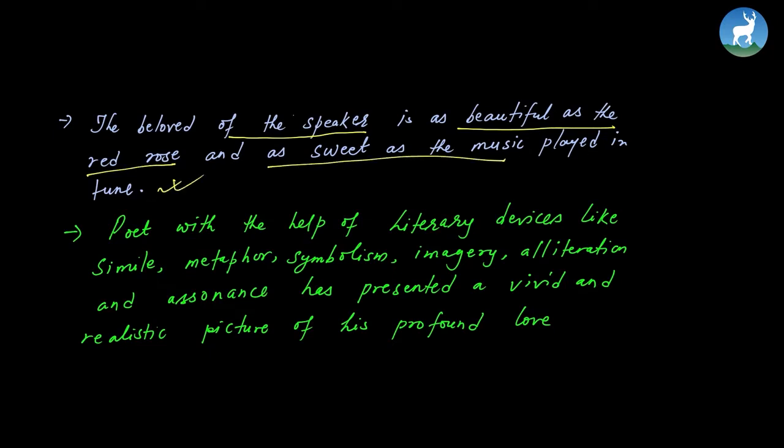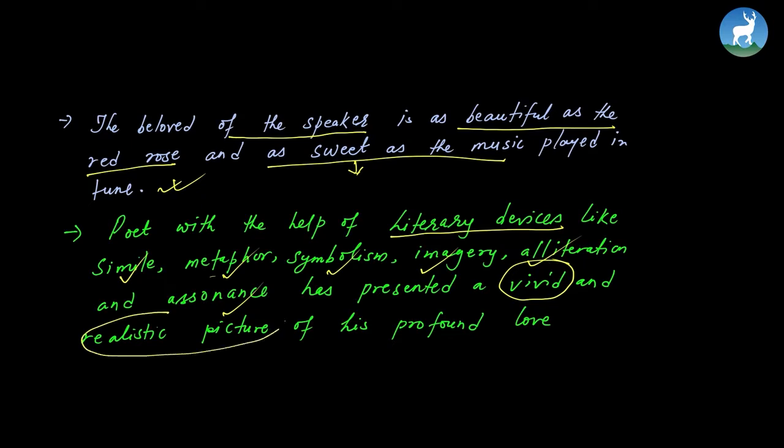Here the poet has used literary devices like simile, metaphor, symbol, imagery, alliteration, and assonance to present a vivid, clear, as well as realistic picture of his profound love.